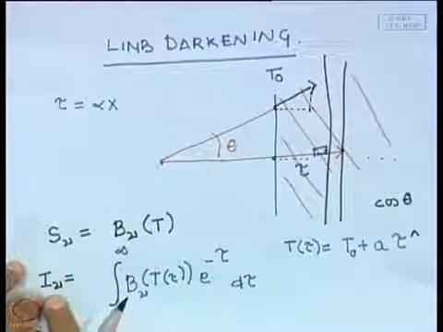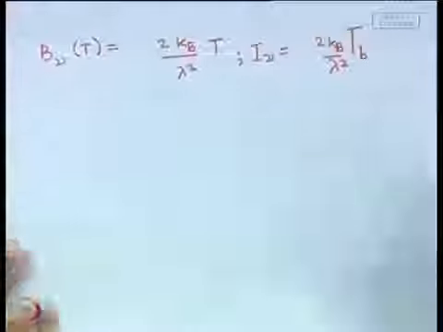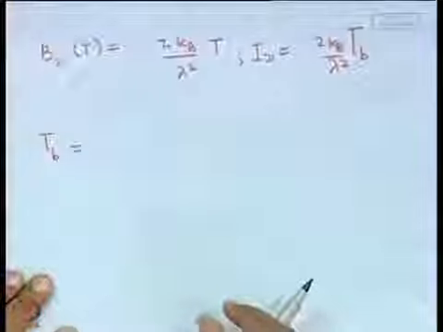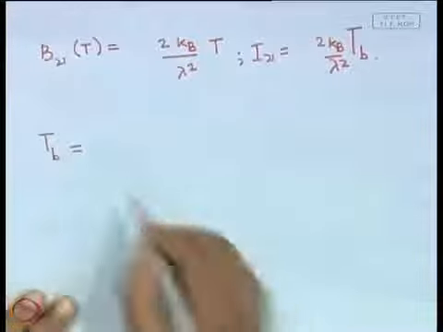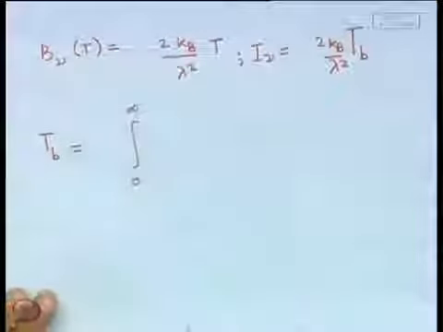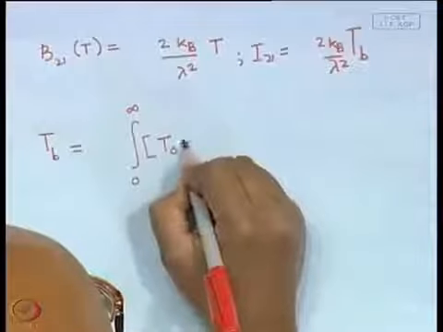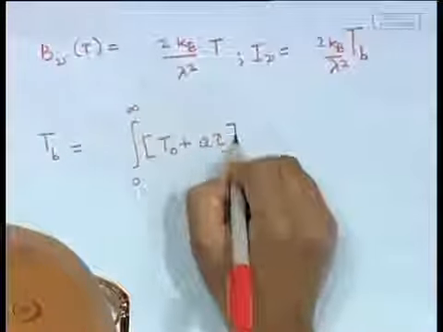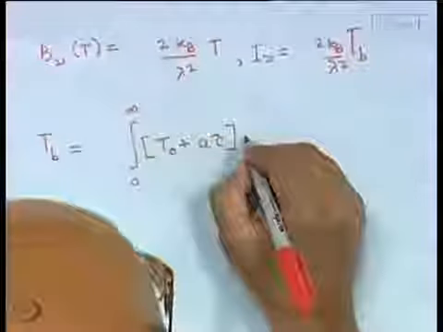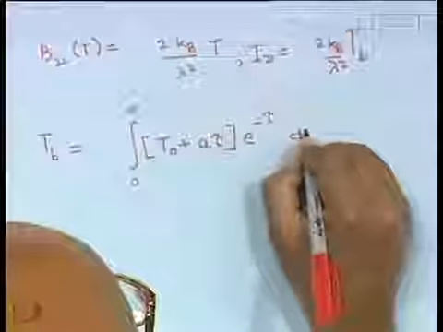Just get rid of the factor of 2 Boltzmann constant by lambda square, and we have that the brightness temperature over there is equal to the integral from 0 to infinity of T0 plus A tau, that is the temperature of the source at the corresponding point, e to the power minus tau d tau.